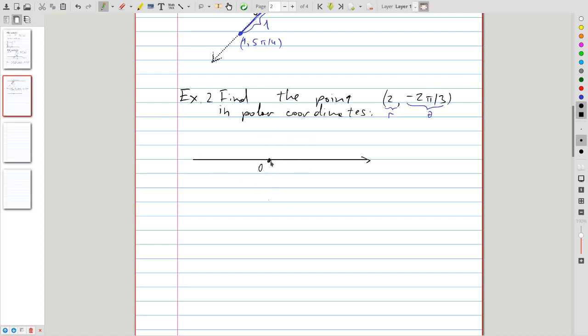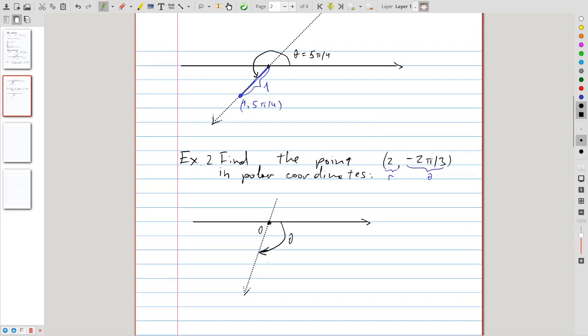So that would be somewhere here. So that will be the positive direction of the axis. So what we just did, we measured the angle theta. Since the angle is negative, we measured it in the clockwise direction. So this is the angle theta equal to minus 2 pi over 3.